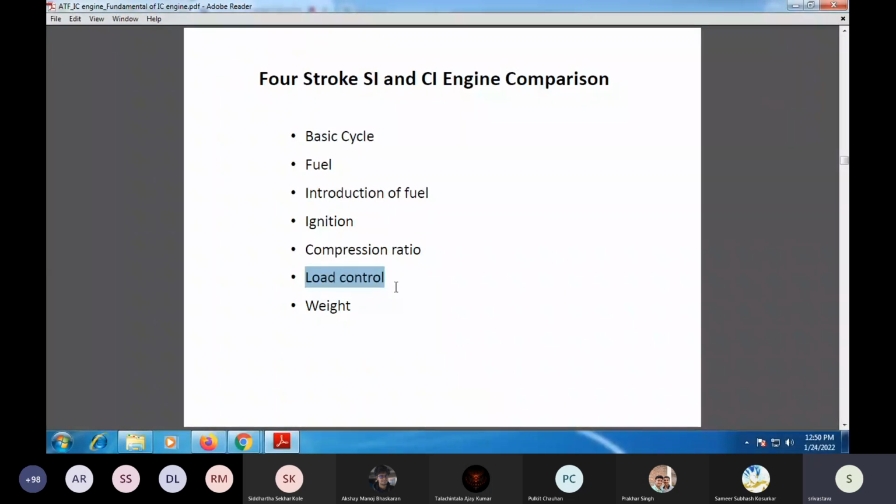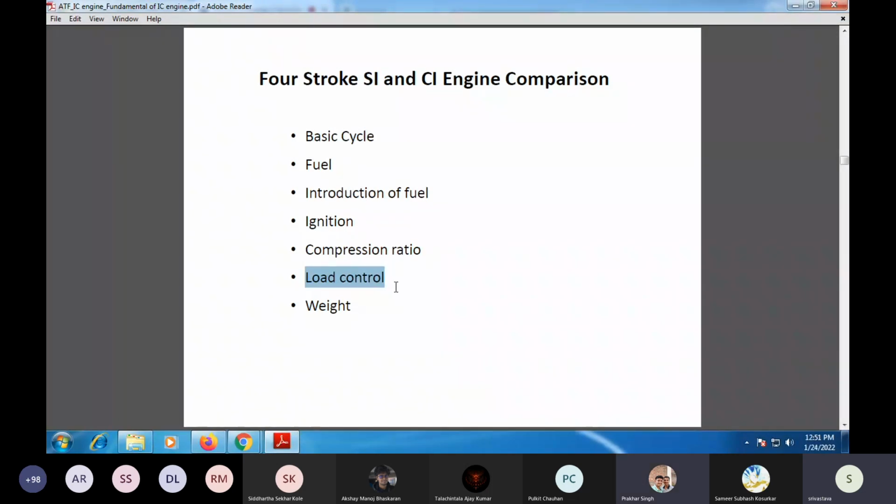So in an SI engine, when we press the accelerator, what actually happens? The accelerator is actuating some parameter. How is the engine speed, or the load, and the speed of rotation of the crankshaft, increasing when you press the accelerator in the SI engine?